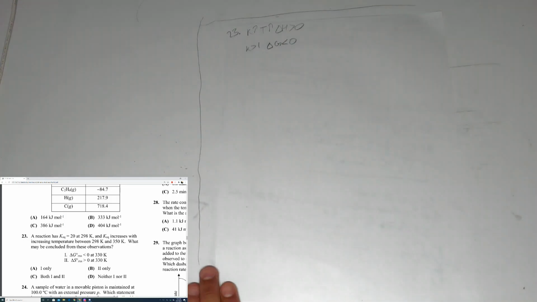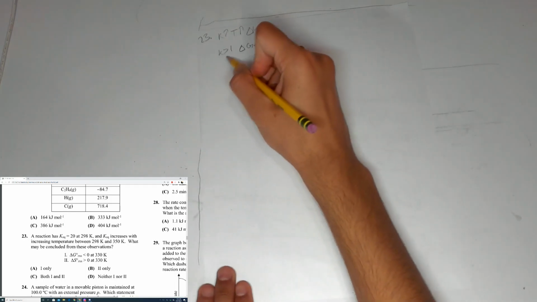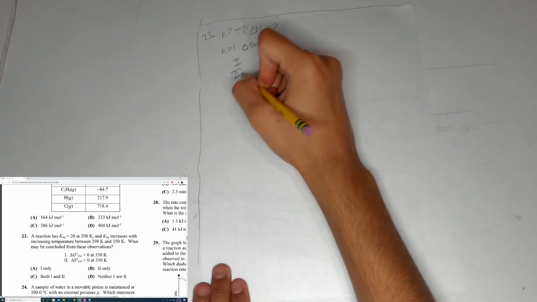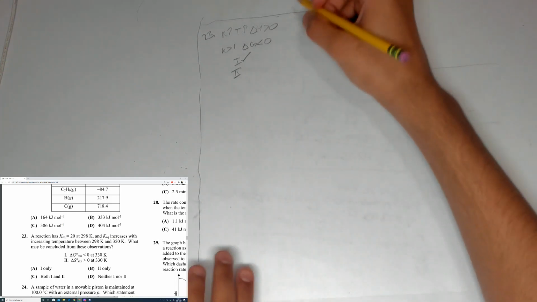Okay, now we satisfied option 1. But then, will option 2 be satisfied? The straight and simple answer is yes. Delta S is greater than 0. But you know why? Let's take a look at the equation.